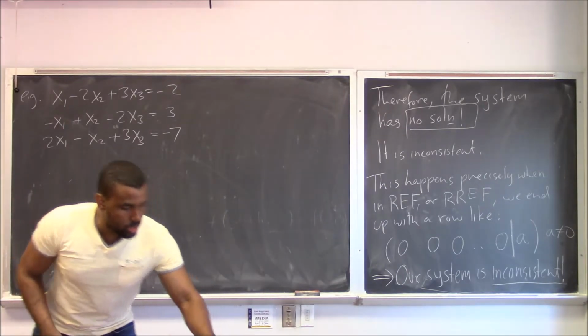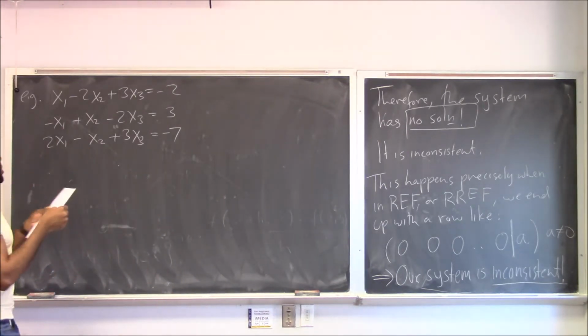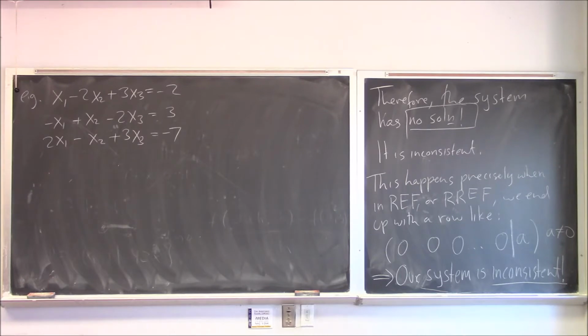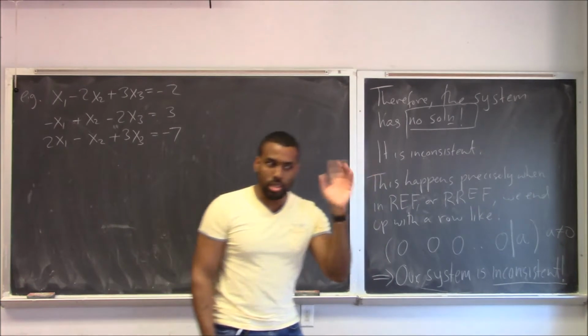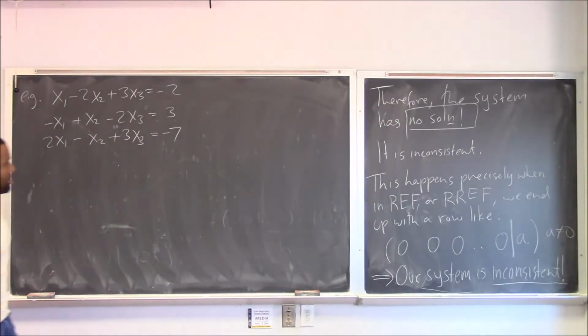Let me make sure that I didn't... So your C equals minus 2, minus x1 plus x2 plus x3 plus 3 plus minus 7. Okay. Because you make one little mistake here, you can mess everything up. So I always have to double check.